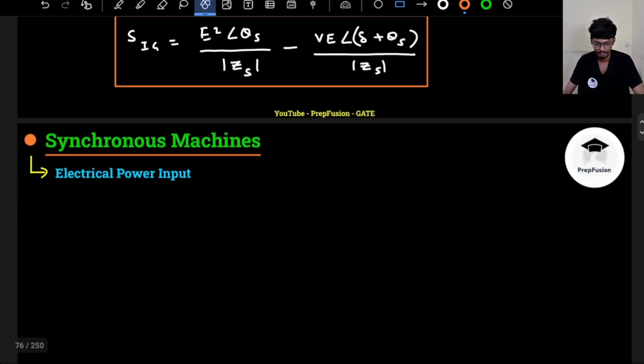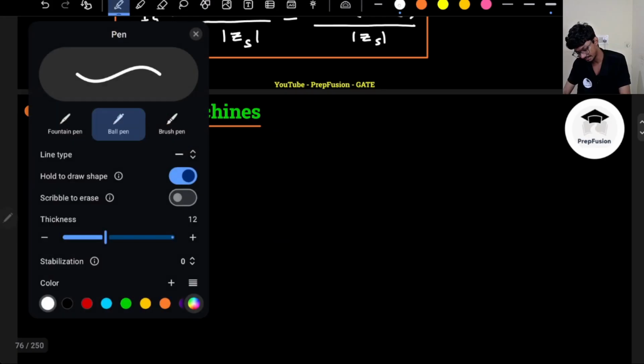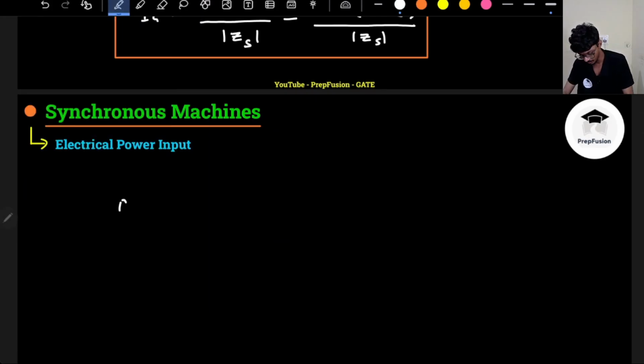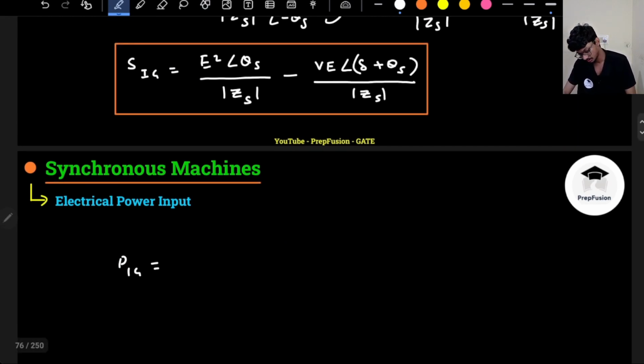But what about the real active power and the reactive power? So input active power that I need to provide to the generator to produce that armature current will be like cos of this, right?